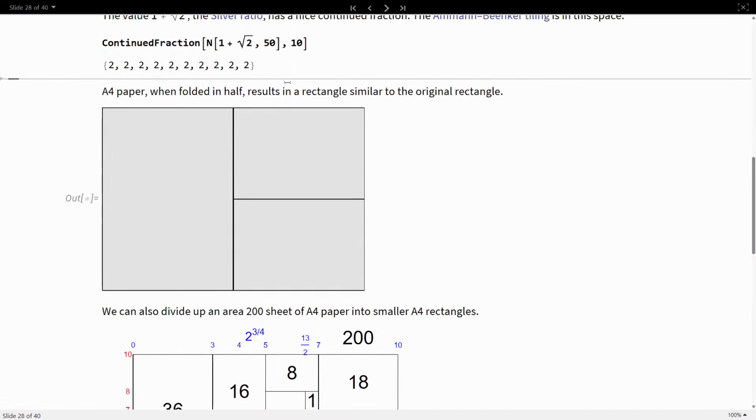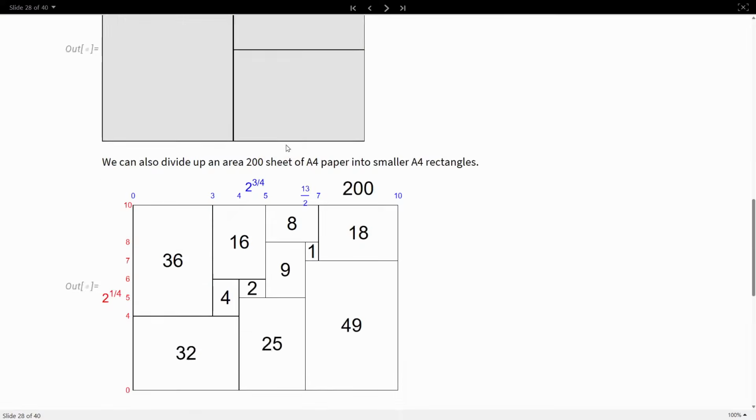And A4 paper is based on the square root of 2. When it's folded in half, you get a rectangle similar to the original rectangle. So here's a 3-step series. This rectangle is similar to that one, and so on. And you can keep going with that.